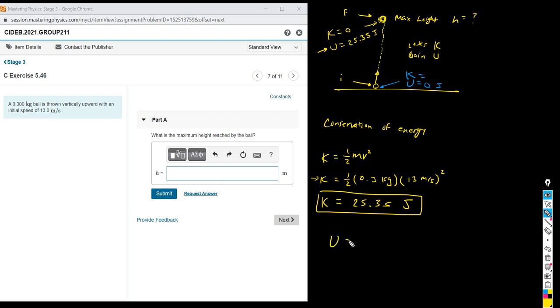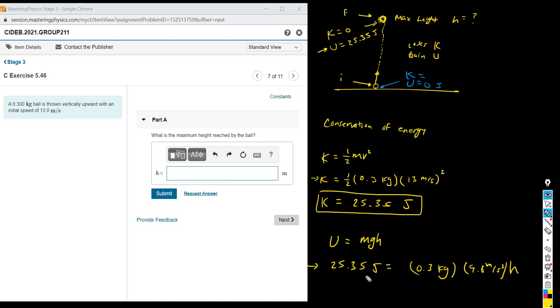And now that I know that potential energy, I can use the formula for potential energy, which is this, remember? And then I can input that value in here, 25.35 joules, and then this m stands for the mass of the ball, which is 0.3 kilograms. And you know what g means, 9.8 meters per second squared, and h is the only variable in this equation.